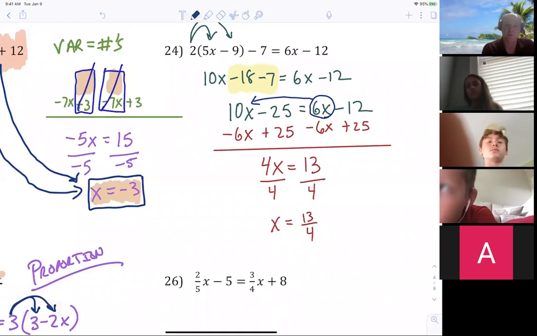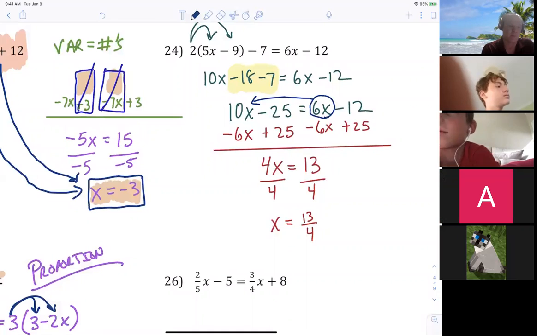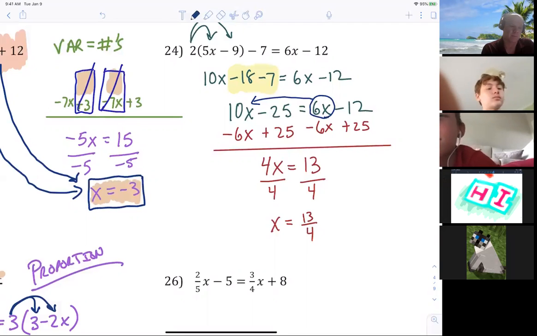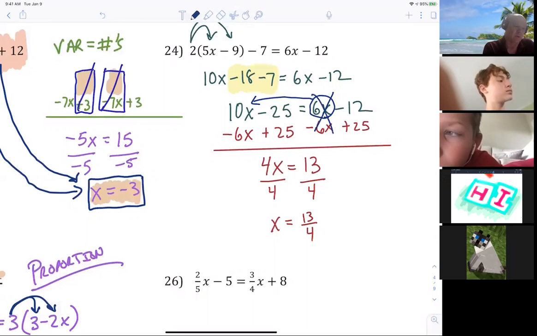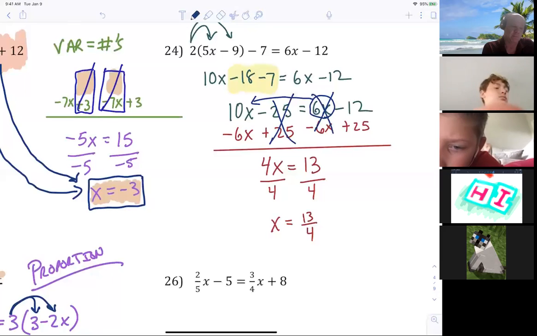About number 24, so you did 6 minus 6, 0, and then... Right, so these guys canceled. And the negative 25 and the 25 canceled. Pretend if it was like 7 minus 6, and that was 1, and then would you do 4 plus 1 to get your answer?